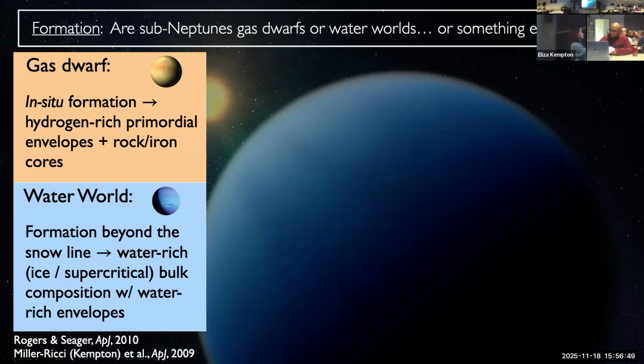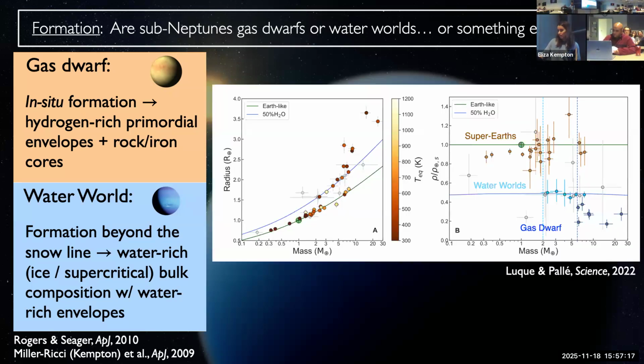And these two competing families of models would be accompanied, at least at first glance, by very different atmospheres, right? A primordial hydrogen helium atmosphere with something like solar composition gas versus a water-rich composition. Turns out it's a little bit more complex than that, but these were kind of the simple models that we started off with back in 2009, 2010 when we first started thinking about these planets.